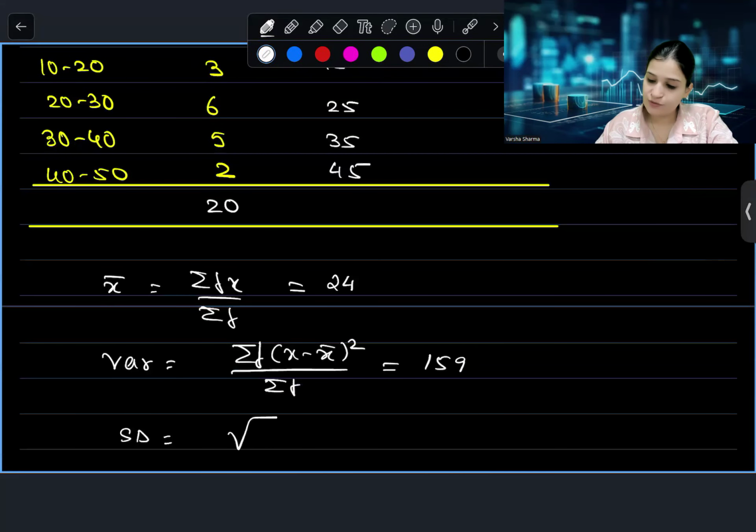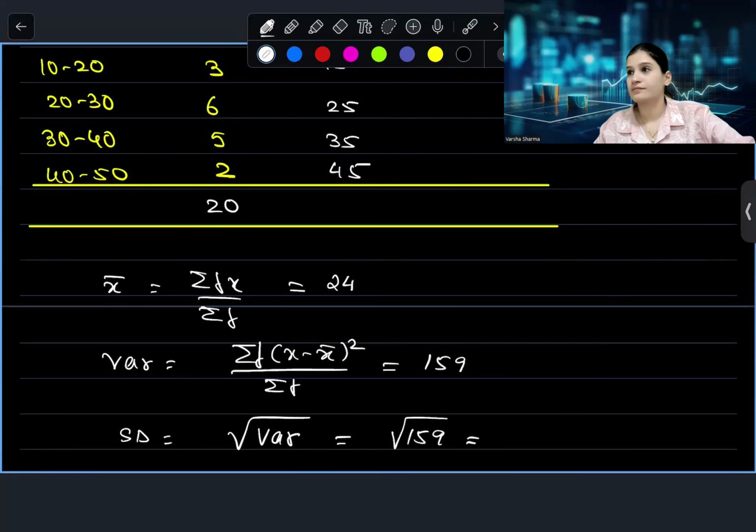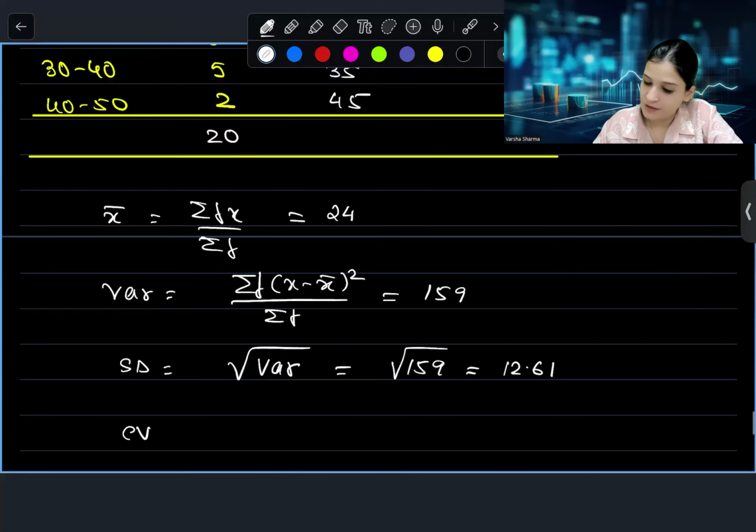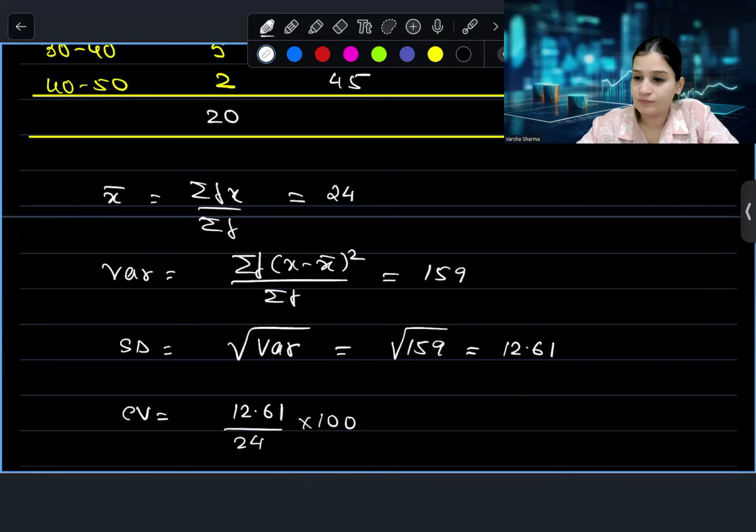Standard deviation is root over variance. 12.6. So standard deviation by mean into 100. 52.5.